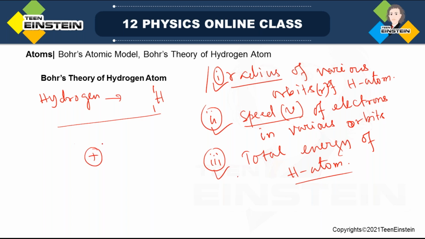That there is a nucleus which has positive charge, and electrons will be orbiting in certain allowed orbits.